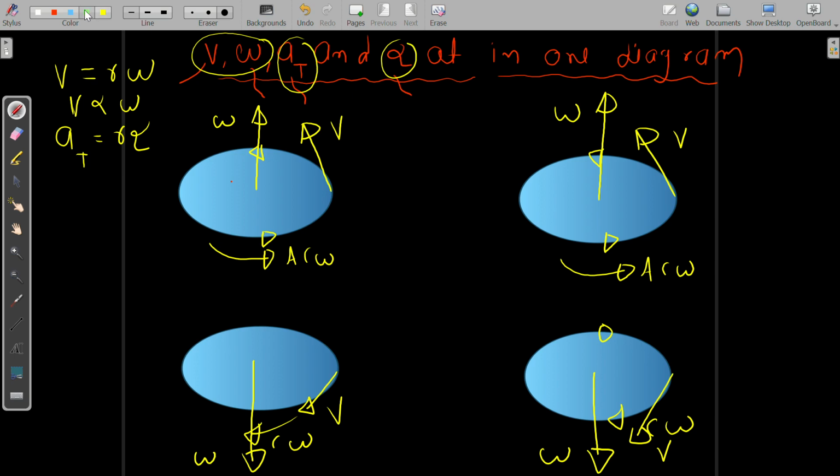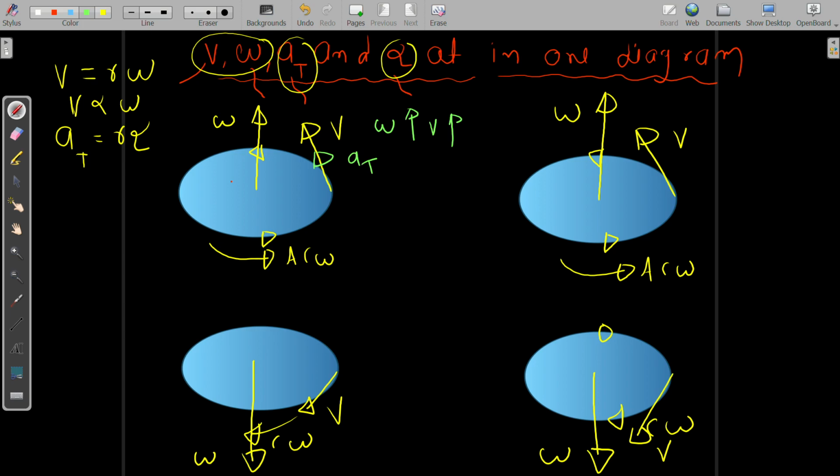But there are possibilities. See what the possibilities are. Suppose in the first case omega is going to increase. As omega increases, v increases. As v increases, the tangential component is in the same direction as v. Keep in mind, the tangential component is always aligned with the velocity, in the same direction if it is accelerating, and if it is decelerating, then they are opposite.